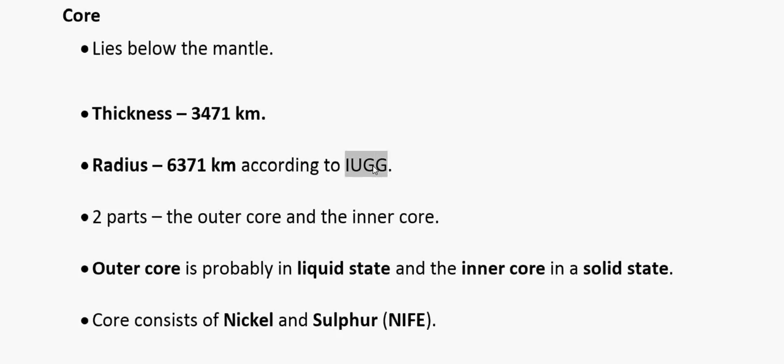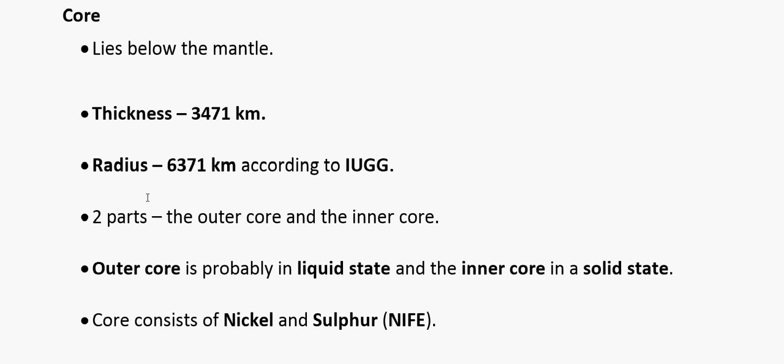It's important. What it stands for, you need to Google it, so that you will remember it. So the core lies below the mantle, and its thickness is 3,471 kilometers. The radius is 6,371 kilometers.